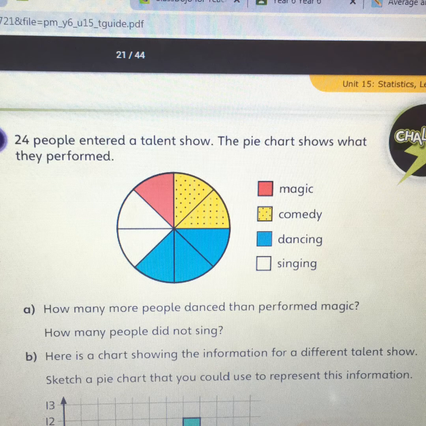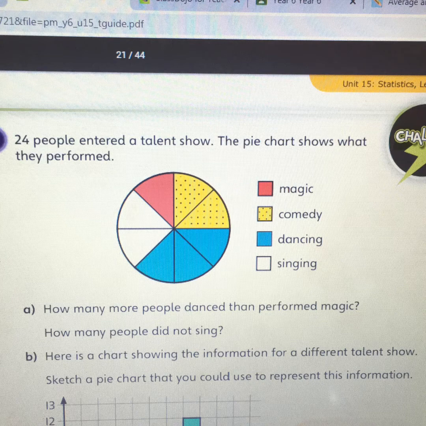So if there's 8 segments and 24 people, how many people must each segment be worth? If there's 24 people all together and that's been split into 8 segments, how many people must be represented by 1 segment? How many 8s go into 24? Well, the answer is 3.